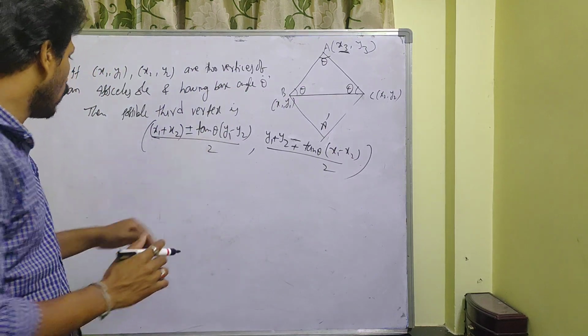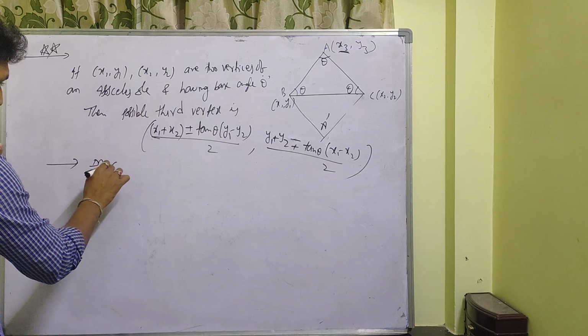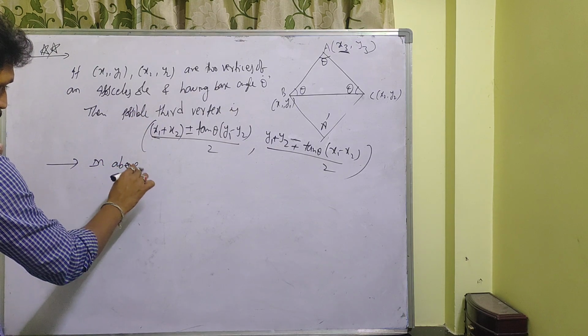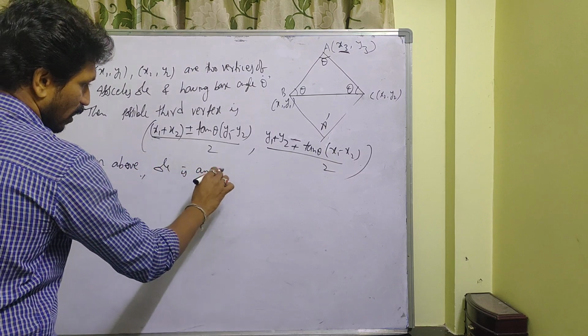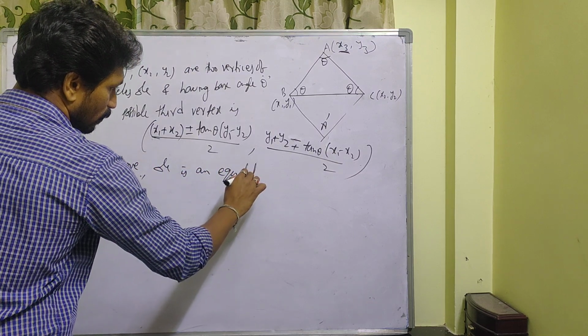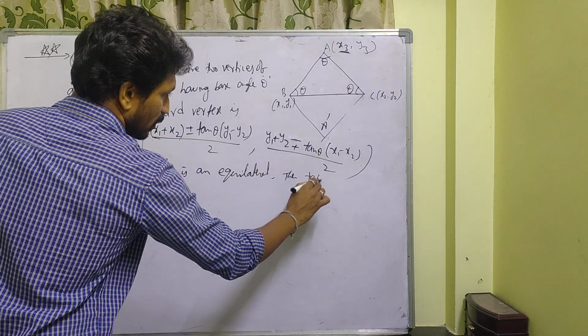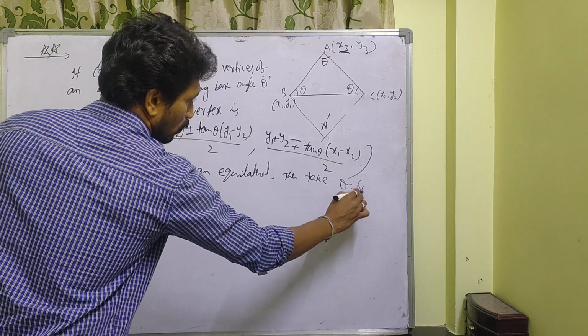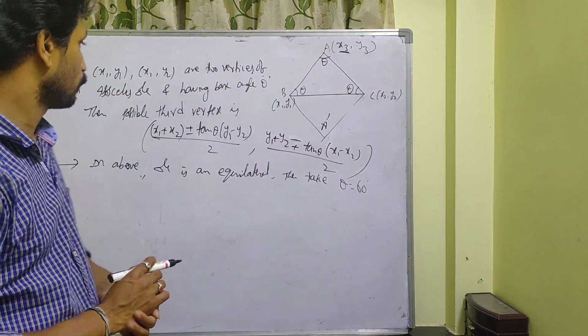So if the above triangle is equilateral, take theta equal to 60 degrees, because in an equilateral triangle all angles are 60 degrees.